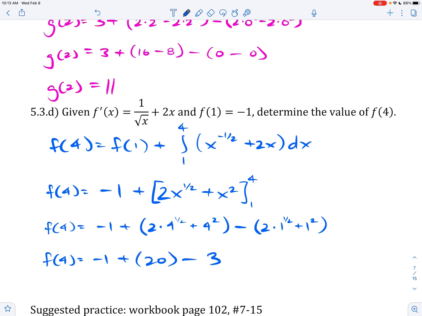So subtracting 3. Therefore, f of 4 is equal to, looks like 16 to me. Huzzah! Well, that's the end of our Fundamental Theorem of Calculus lesson.